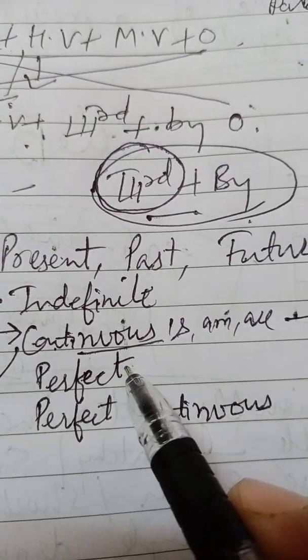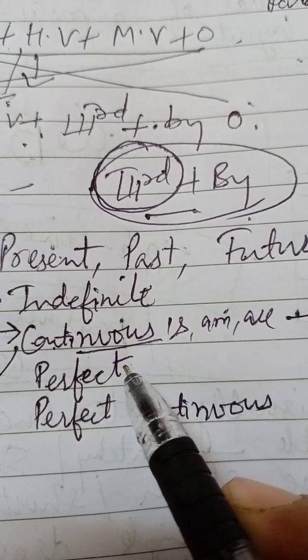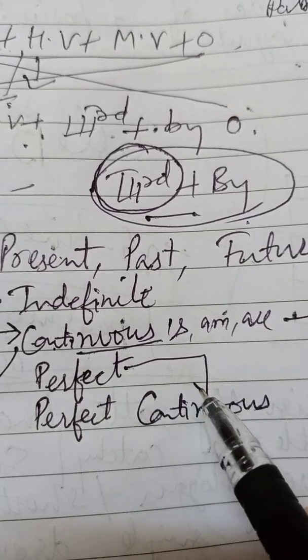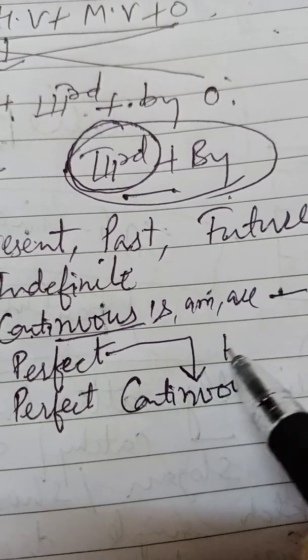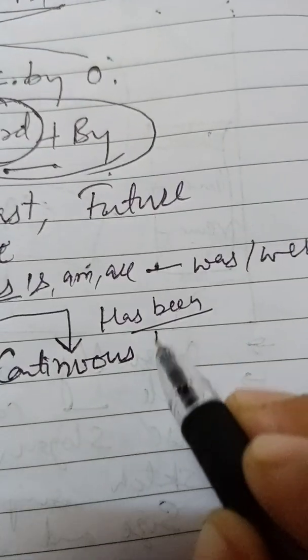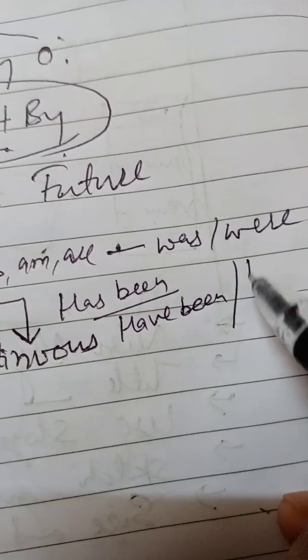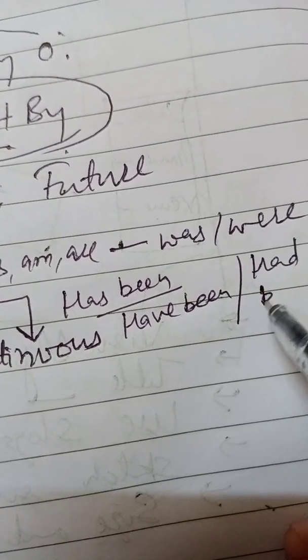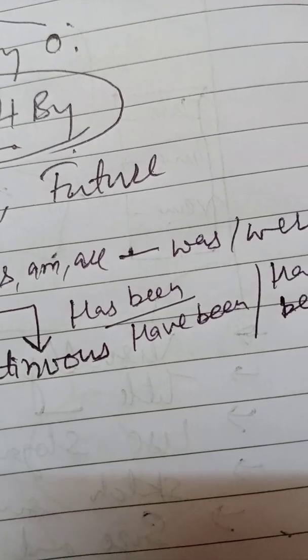Then if we have a perfect sentence of active voice, then it will change into perfect continuous using the helping verb has been in present, have been in present, and had been in past. Got it? Got my point?